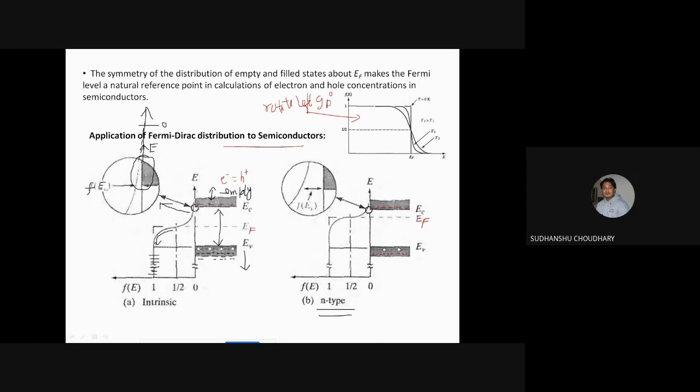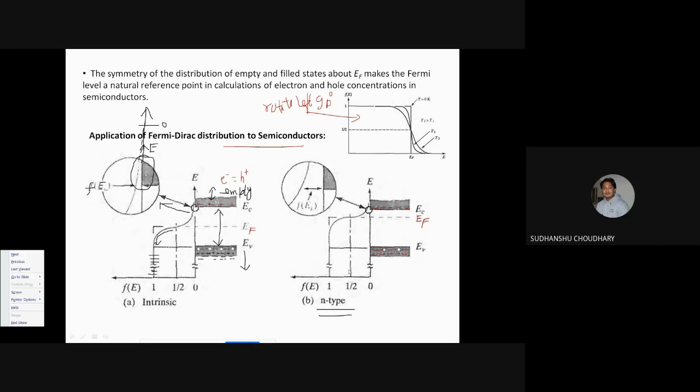So many electrons are there in the valence band, but they are not free. So they don't take part in the conduction. Right. So the valence band has many electrons, but they are bound to their atoms. They are not free. Some of these electrons can become free because of thermal generation and can reach over here.